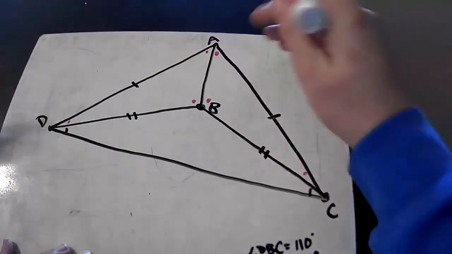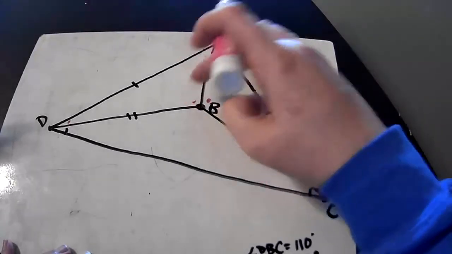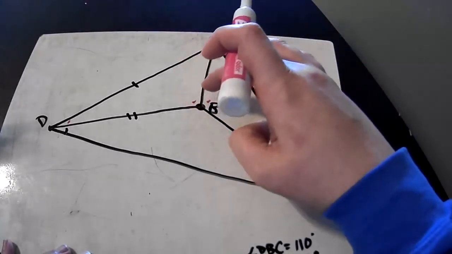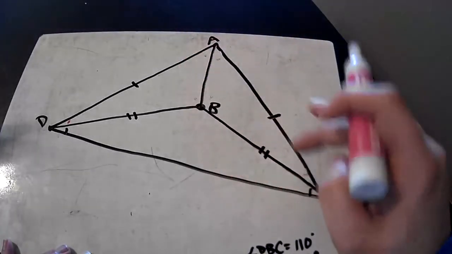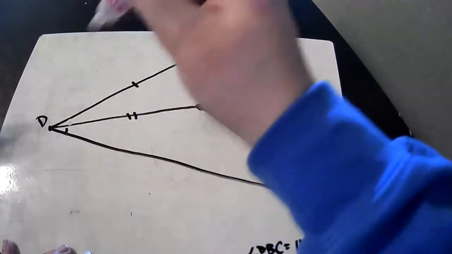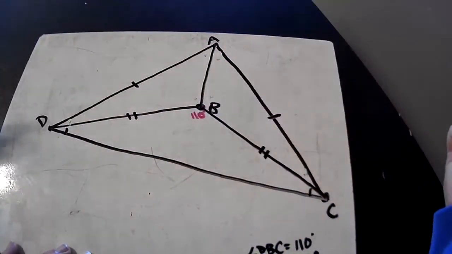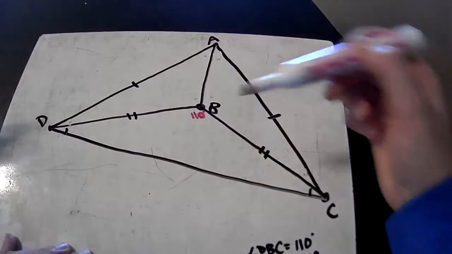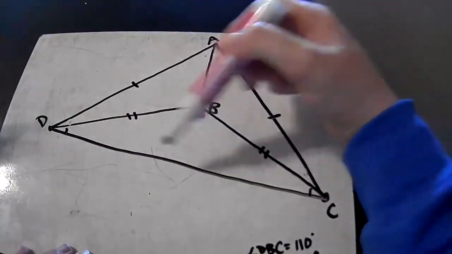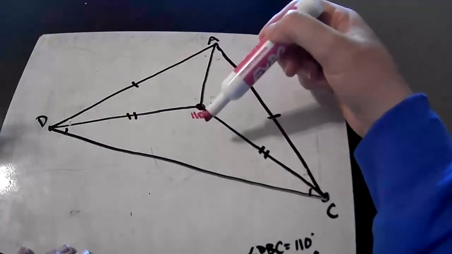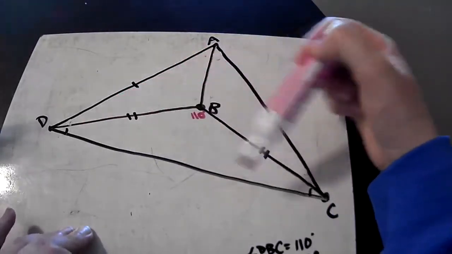Okay, so the angle measures that they give us: they tell us that angle DBC is 110 degrees. So DBC, this angle right here, is 110 degrees. Now, if I look at my isosceles triangle BCD down here, I only have one of those angle measures, but I know that the other two, the base angles, have to be the same.